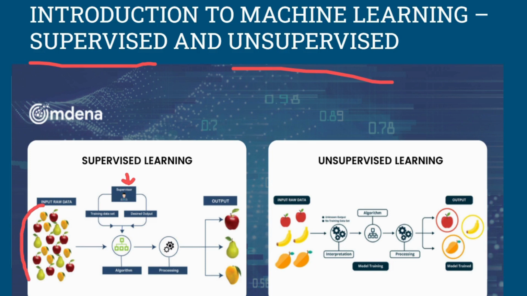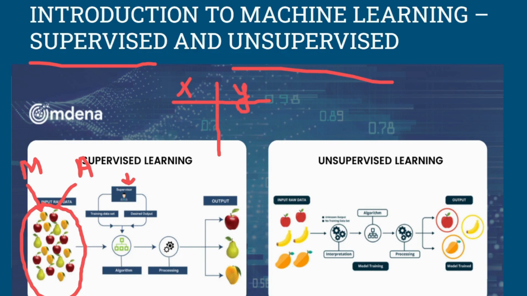Here you see raw data does not have any identification, but the supervisor identifies the different samples present in this raw data. For example, he will identify this image as mango, this image as apple, and he will prepare a table or some representation which will have two major fields.